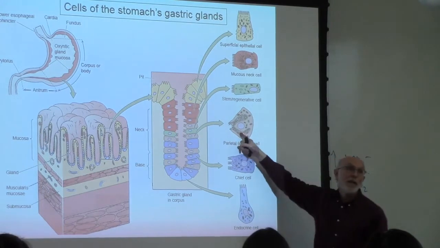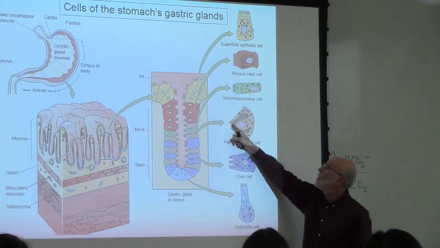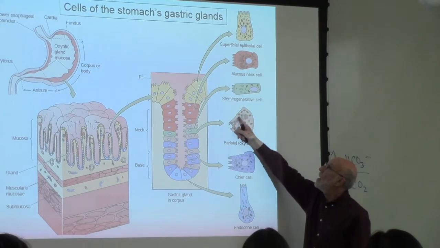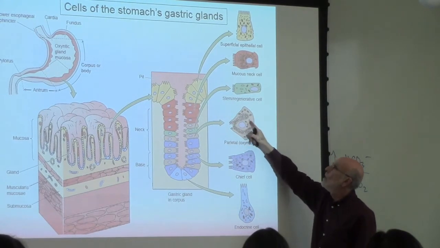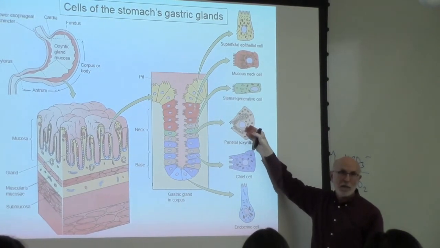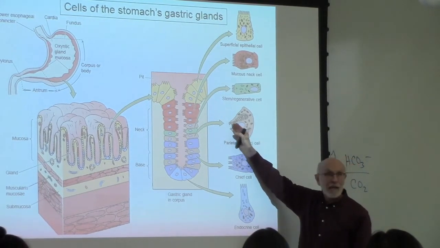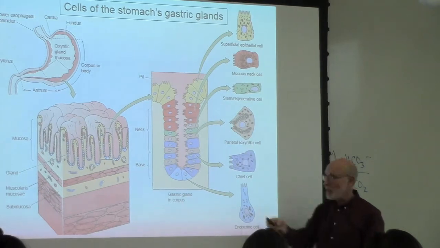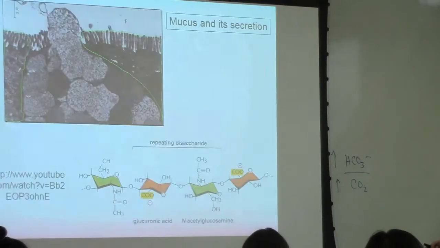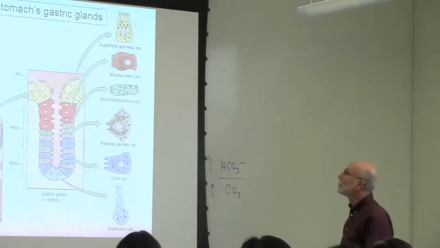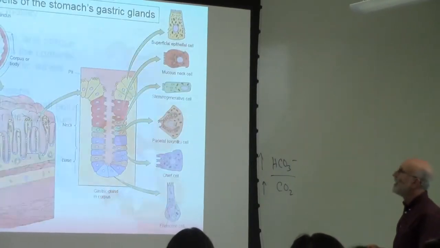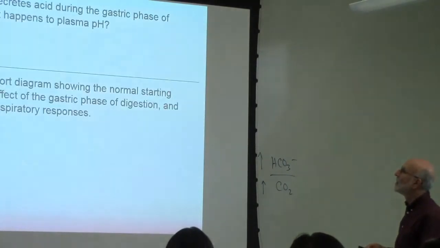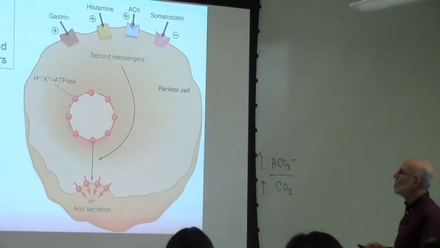There's a pretty good cartoon of a parietal cell with an apical membrane and a whole bunch of vesicles inside the cell ready to be exocytosed into the apical membrane, delivering the proton pump to the membrane. Okay, so now we're going to the apical membrane.